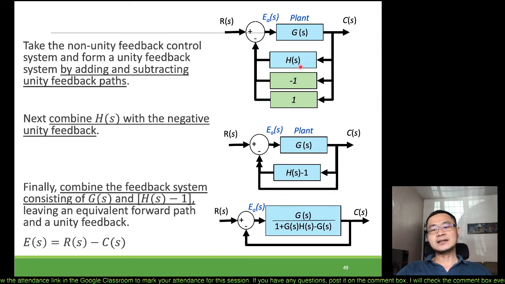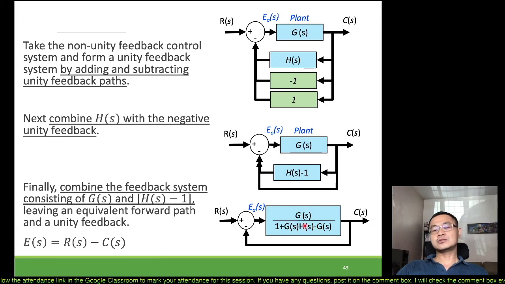How do we combine them? We first take these two, which are in parallel form, and add them up to get H minus 1. Once we have this H minus 1 and the G itself, this is again a familiar form of a feedback system, where we can simplify it into a feed-forward transfer function given by G divided by 1, since this is negative feedback, plus G multiplied by H minus 1.